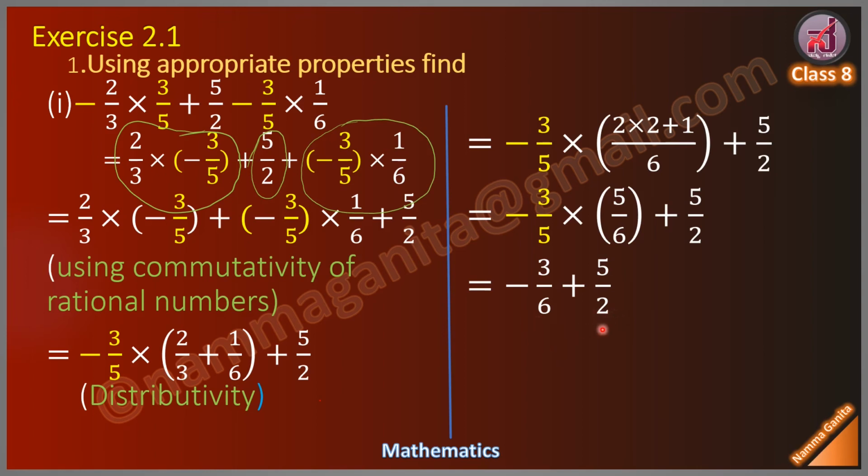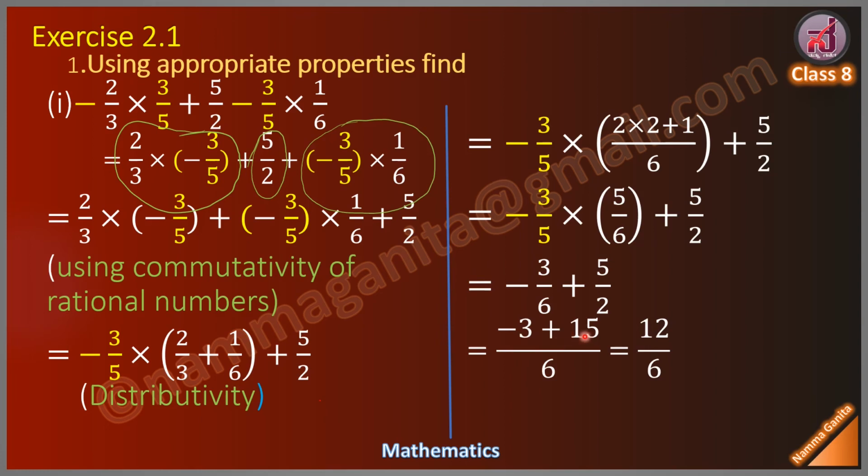LCM of 6 and 2 is 6. Okay, 6 1s are 6. Therefore, multiply the numerator 3 into 1, 1 3s are 3. Write the minus sign here. Plus 2 3s are 6. Therefore, multiply the numerator by 3, 3 5s are 15.